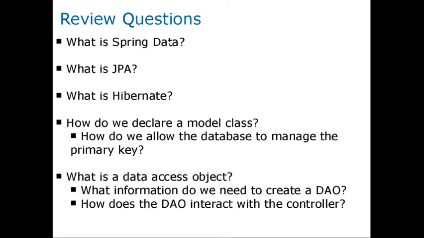Spring Data is actually the library that's closest to our application. You can think of Spring Data as interacting with the controllers. So we've got controllers in our applications. We saw the ones for cheese. We're about to make some controllers for categories here in a little bit. All of our controllers want to manipulate data, they want to manipulate information, and the way that we're going to do that is through a database. So our controllers need to have access to data in a database in order to perform their function.